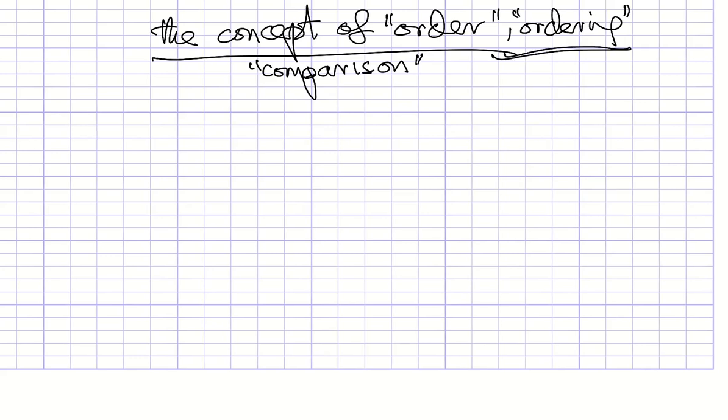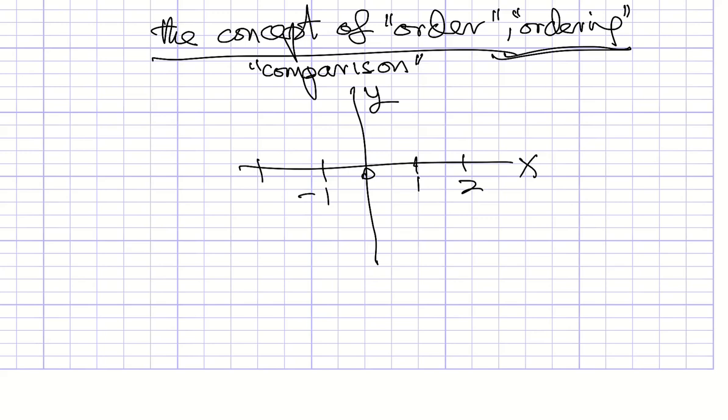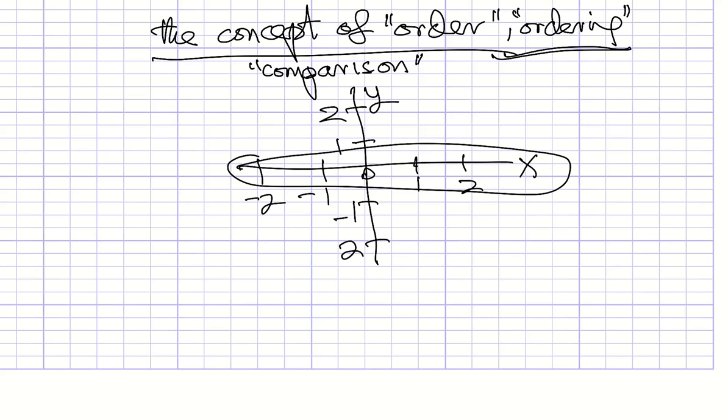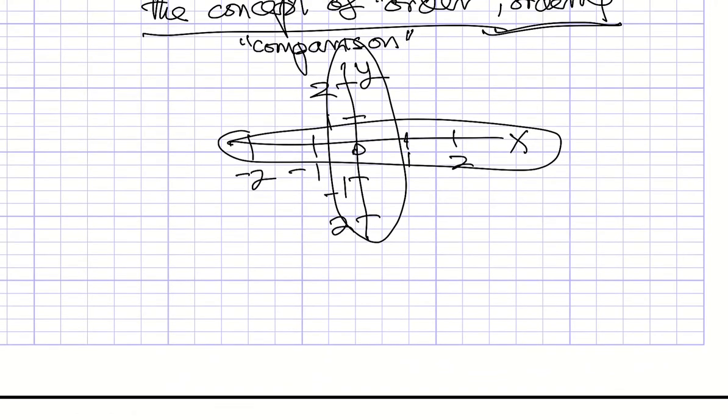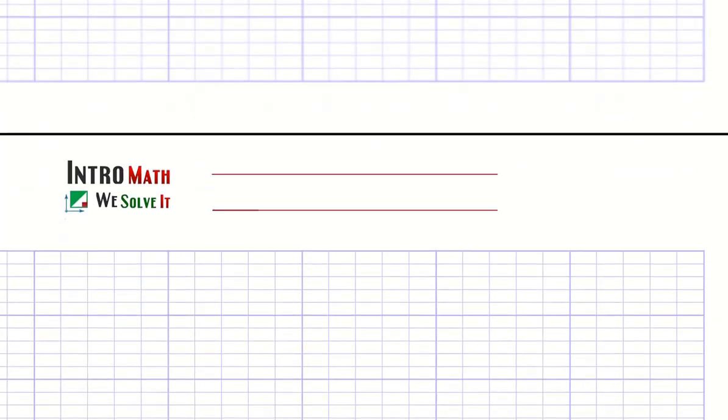Basically, it involves comparing numbers. Now, recall that we talked about the Cartesian coordinate. Everything boils down to Cartesian x, y, and this is 0 here. You can have 1, 2, minus 1, minus 2. You remember that, right? But I'm just going to use the x to explain this.